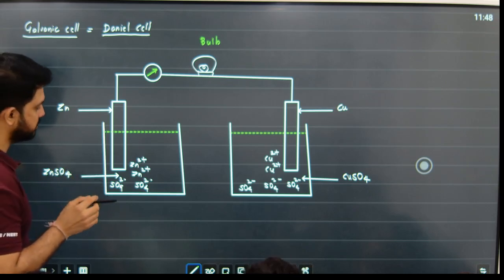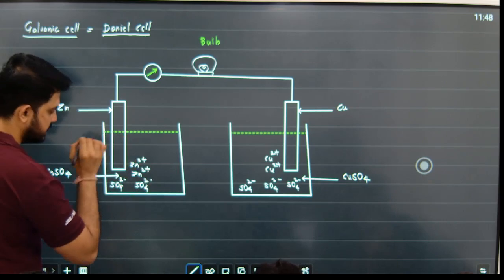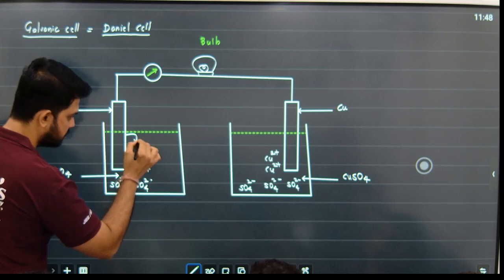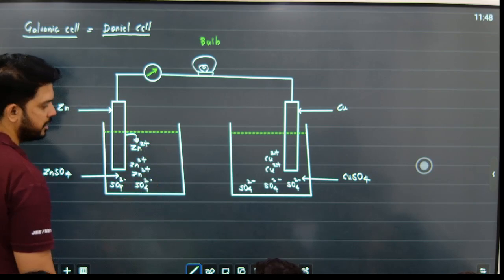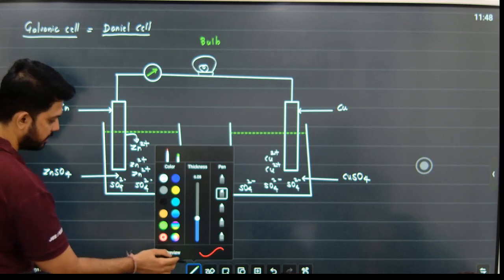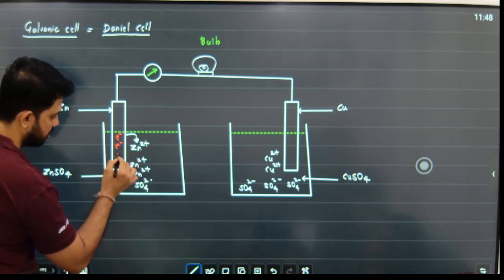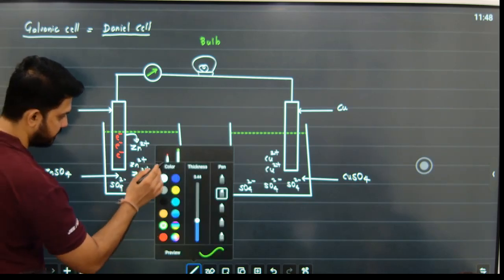Let's understand what happens. Now, on the left hand side, zinc from the rod comes into the solution in the form of Zn2+, leaving behind electrons on the rod. Once again, what happened on the left hand side, people?